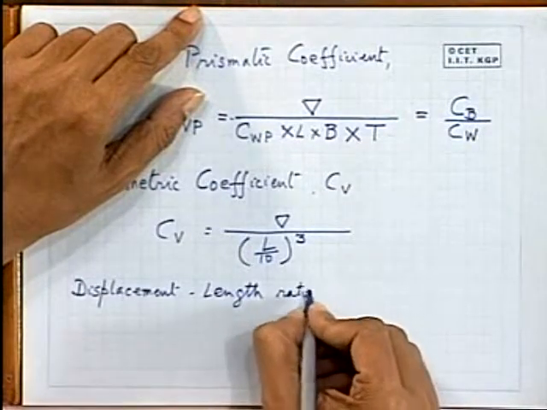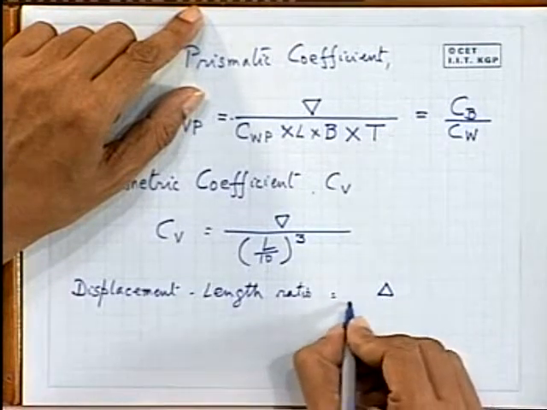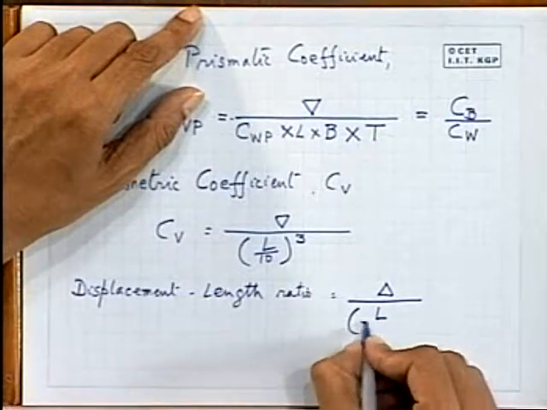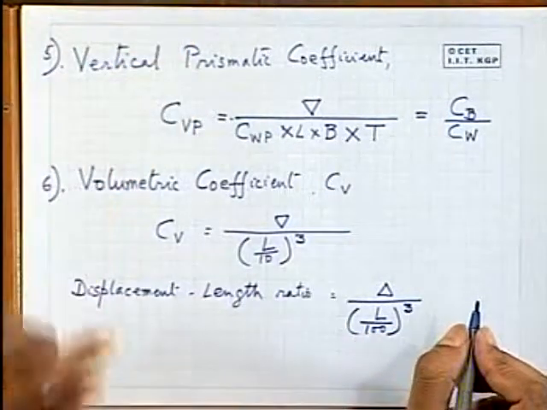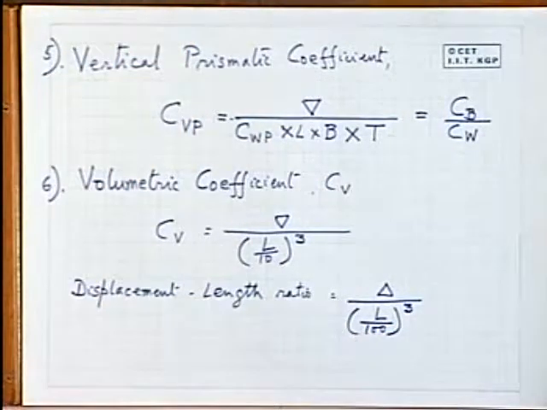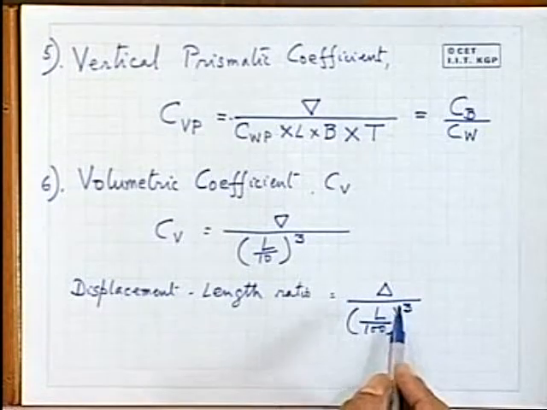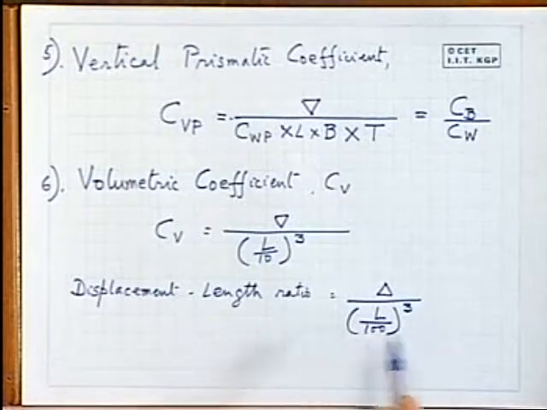The displacement length ratio is the displacement in tons, the weight, divided by L divided by 100 cubed. All these coefficients have been designed by a gentleman called, I think, Froude and Taylor. They worked on ship resistance. They wanted to present their data with these parameters. They are called resistance parameters.